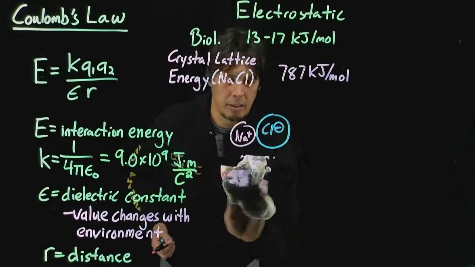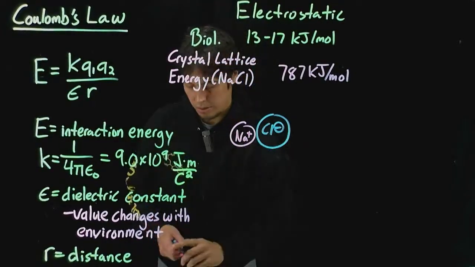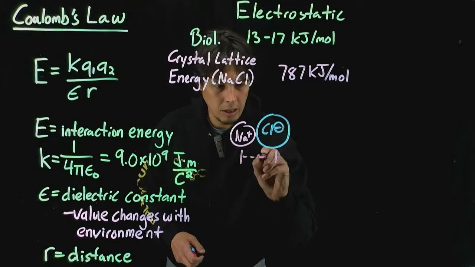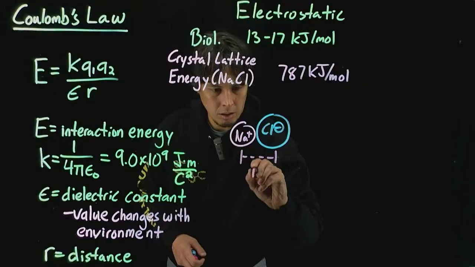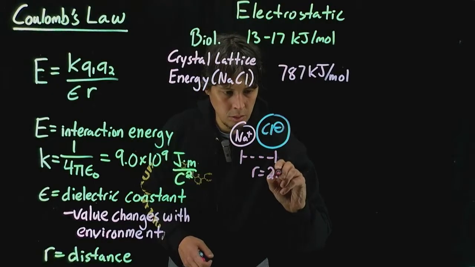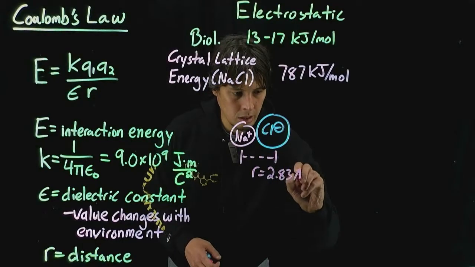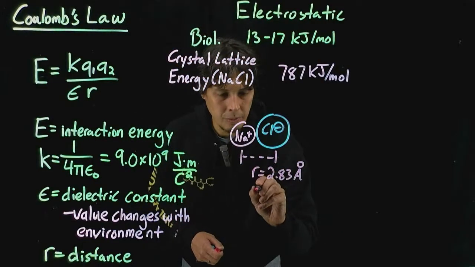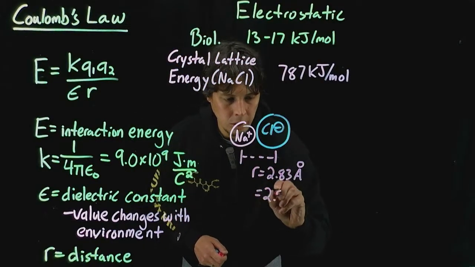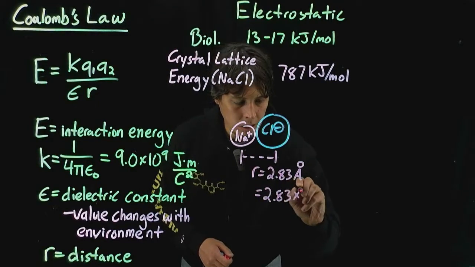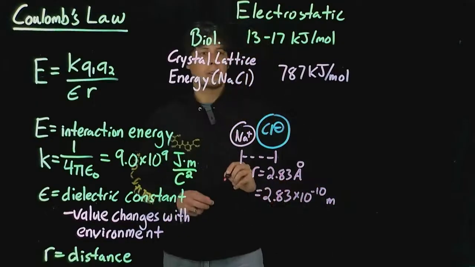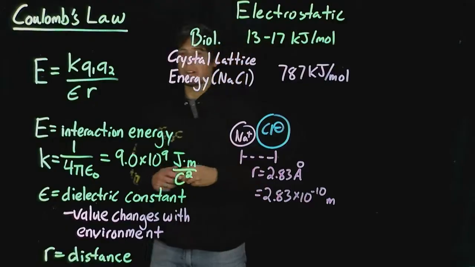Let's try that again. R equals 2.83 angstroms, okay? And that's equal to 2.83 times 10 to the negative 10th meters, all right? So that's our R value.